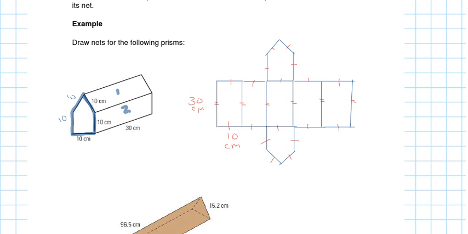I have almost 5 rectangles with 10 and 30. So I have 5 rectangles with 10 and 30. And yep, I have 2 squares. Okay, 10. So you're looking at this, correct? Yes. Okay. And I have 2 triangles. Yep.